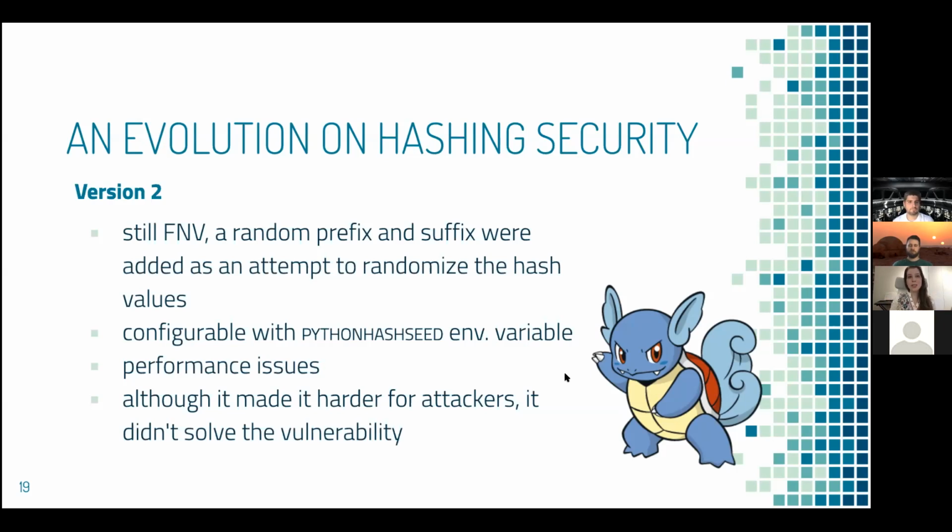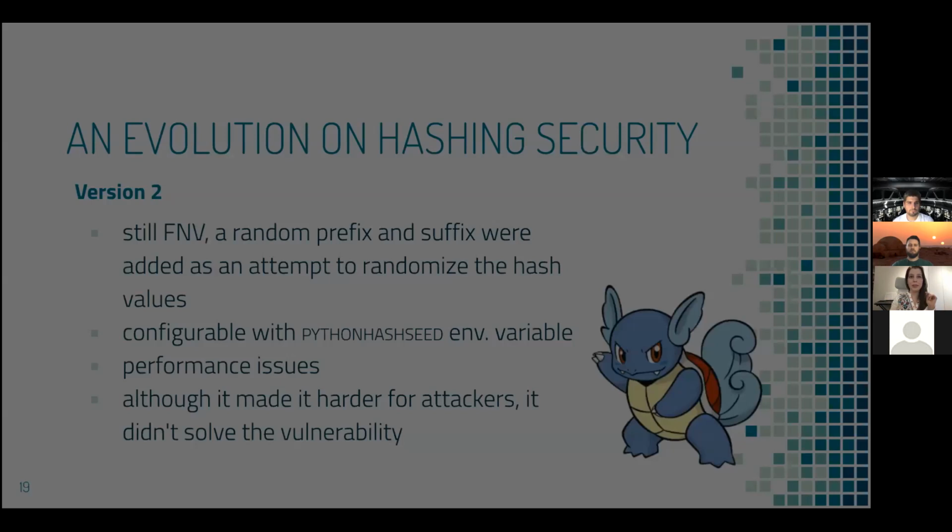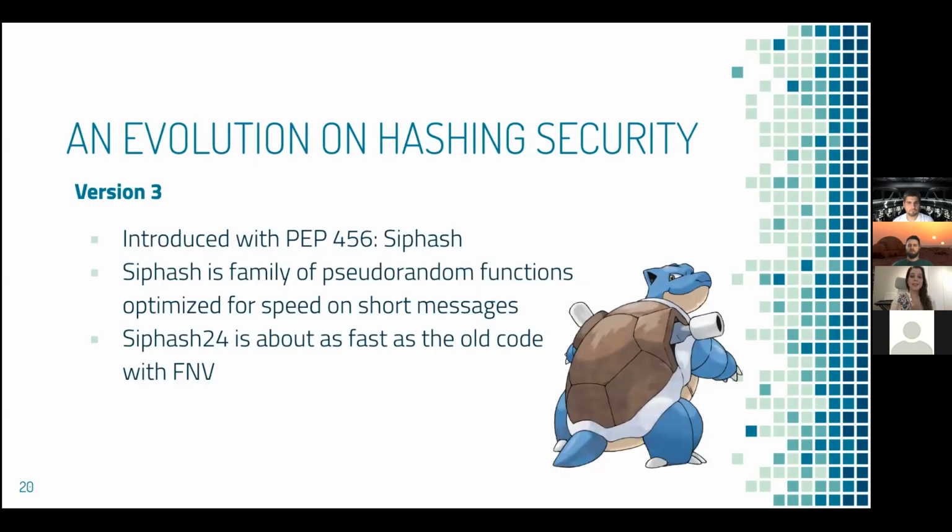So eventually, we came to the last version, which we call SipHash. SipHash was not an improvement of the first or second version, but a completely new thing. It's a family of pseudo-random functions that is optimized for short messages.